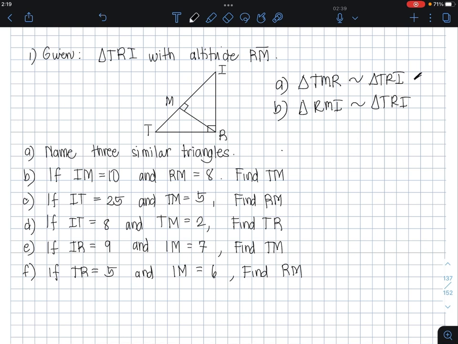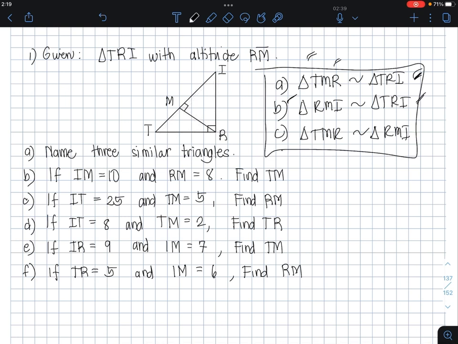And then lastly, para sa third similar triangles is, dahil pareho silang similar dito sa triangle TRI, itong triangle TMR at triangle RMI, similar na rin sila sa isa't isa. So, triangle TMR, kopyahin nyo lang kung paano yung naming, similar to triangle RMI. Okay, so itong TMR, similar dito sa triangle RMI. Okay, so ito yung tatlong similar triangles natin na mabubuo.